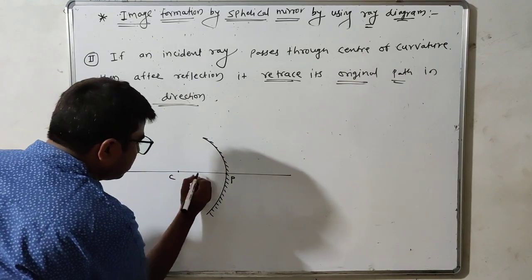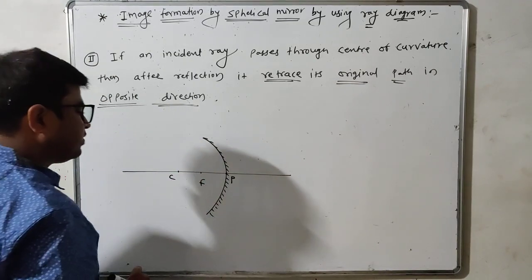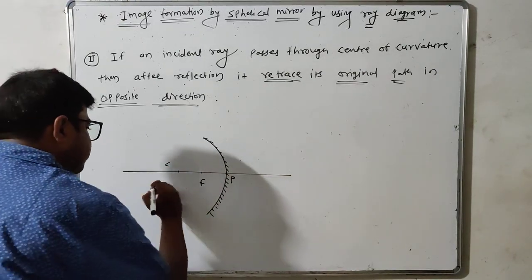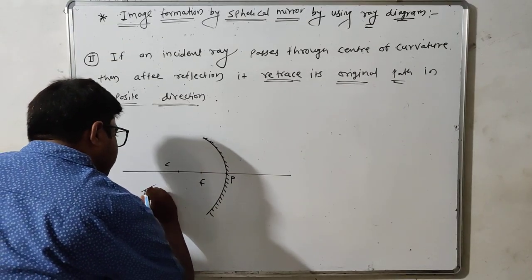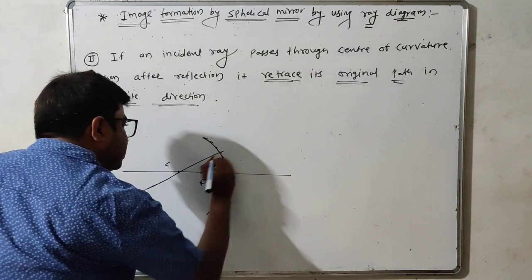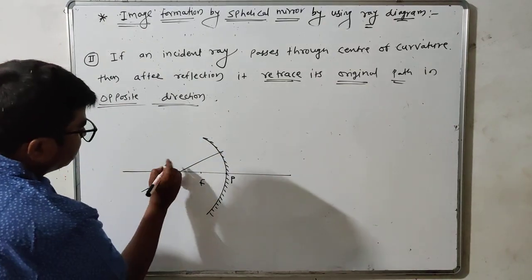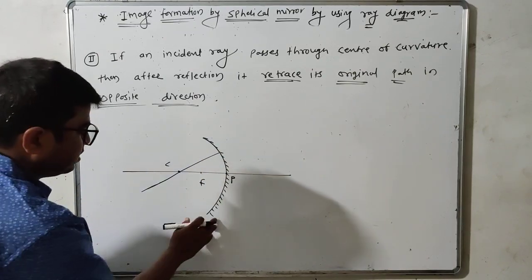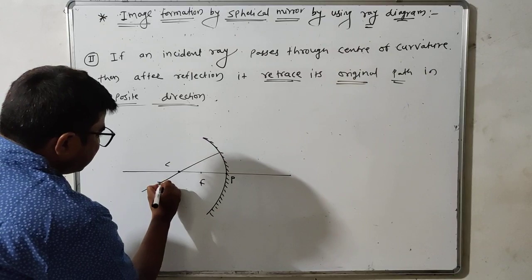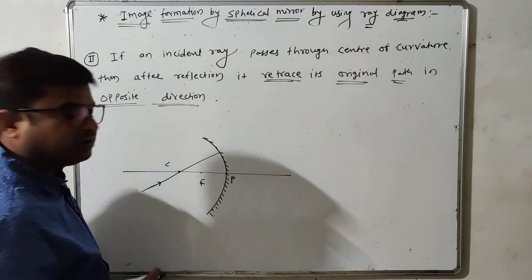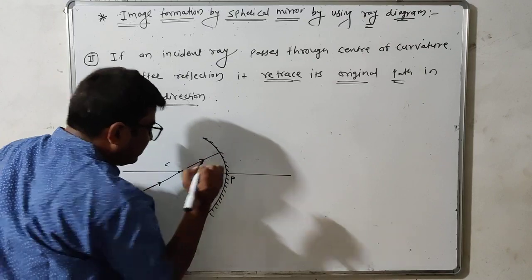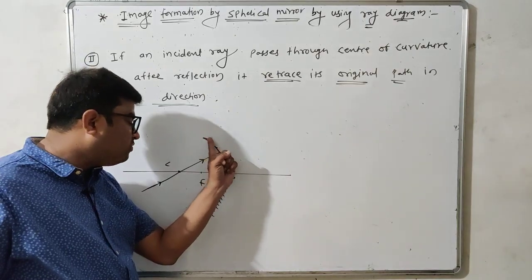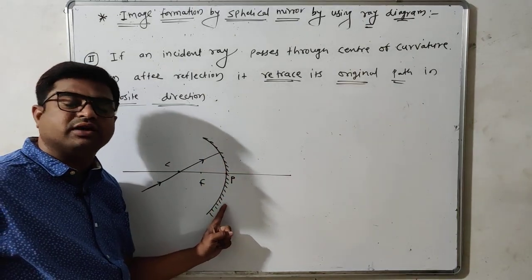This is the center of curvature, and the midpoint is the focus. Now an incident ray of light passes through the center of curvature C and is incident on the reflecting surface of this spherical mirror. As the incident ray passes through the center of curvature, it travels along the radius and later is incident on the reflecting surface of the spherical mirror.